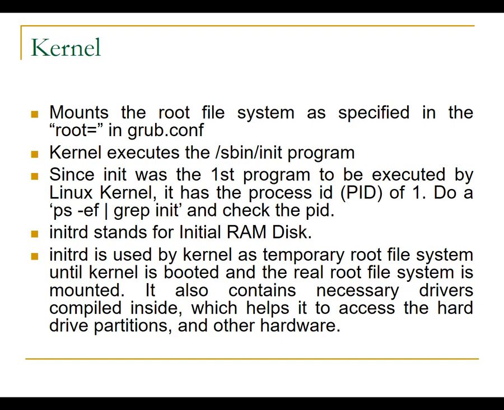And this particular kernel gets initiated from the random access memory, and it is identified as initrd. So initrd is used by the kernel as a temporary root file system until the kernel is booted and the real root system is mounted.